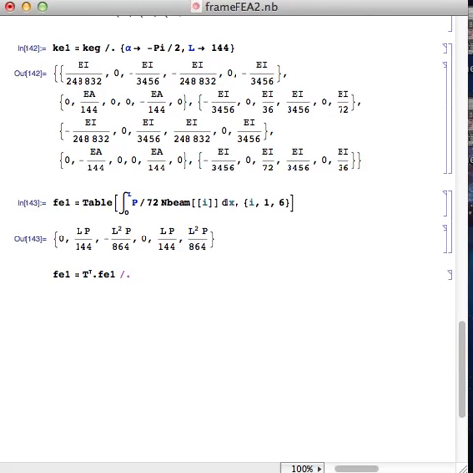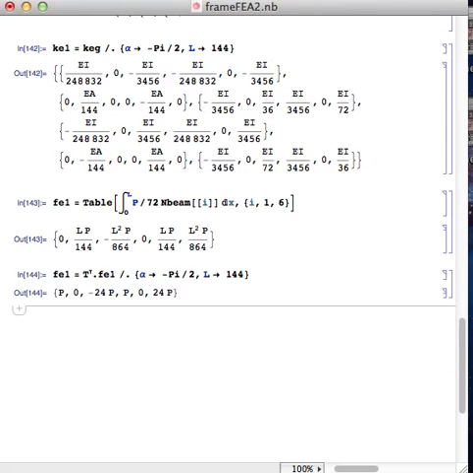Okay, and then we'll go ahead and plug some numbers in here as well. The transformation matrix is a function of alpha, so we need to say alpha is minus 90 degrees, and L is going to be 144. If we do that, we get this.